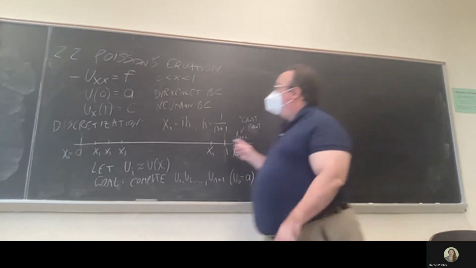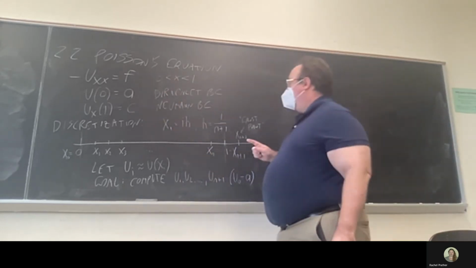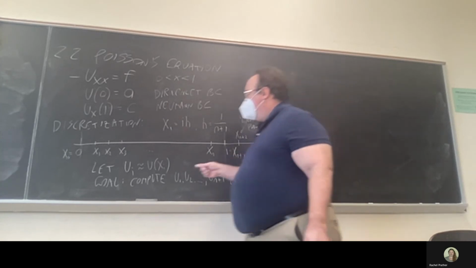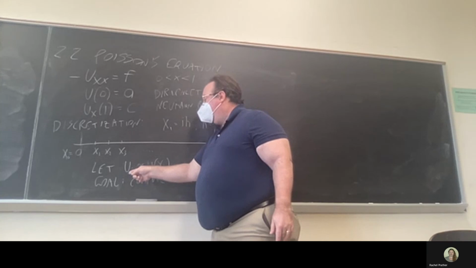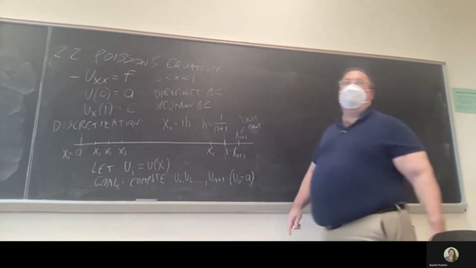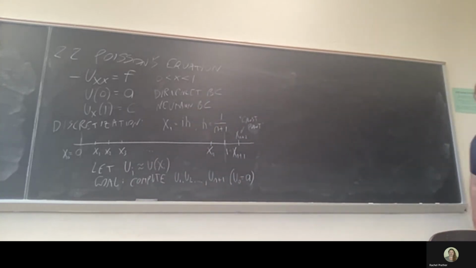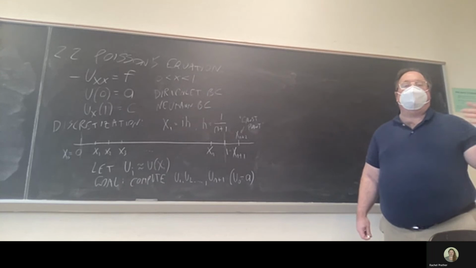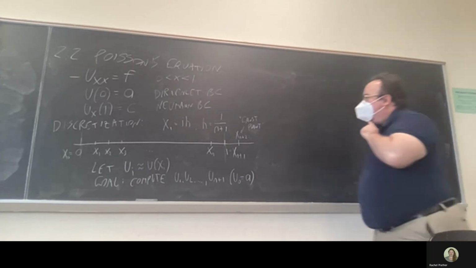So the idea is to get from the PDE to equations that we can solve to get these U values. And since the PDE itself, in this case, is linear, the equations themselves will also be linear, or it should be.